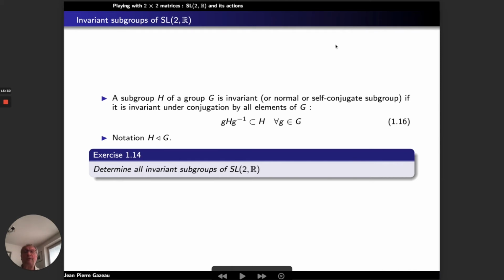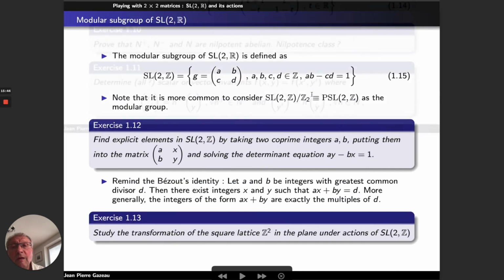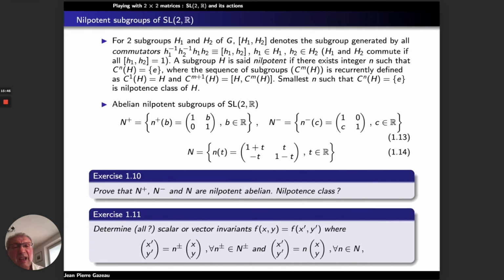Invariant subgroups of SL2R. But we have already introduced the notion of nilpotence.